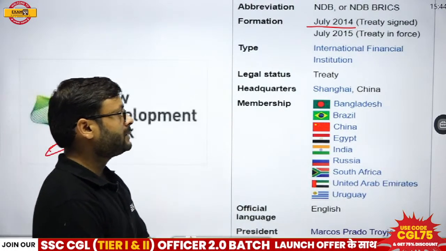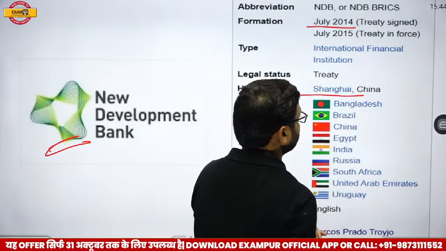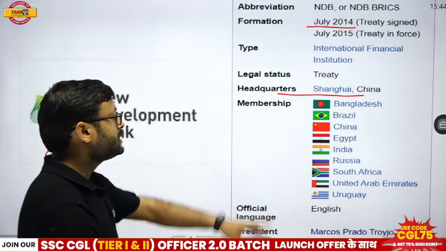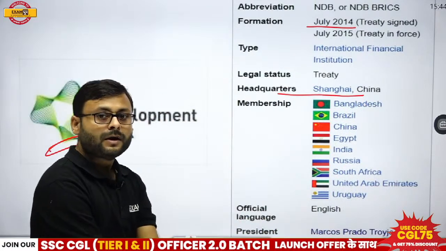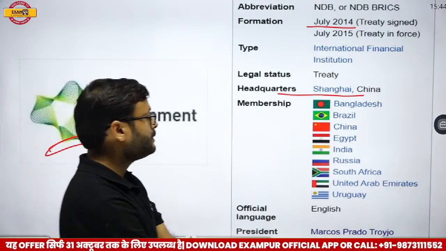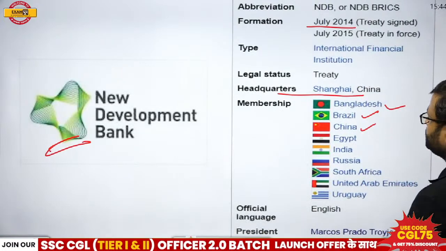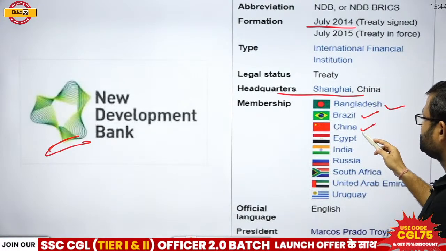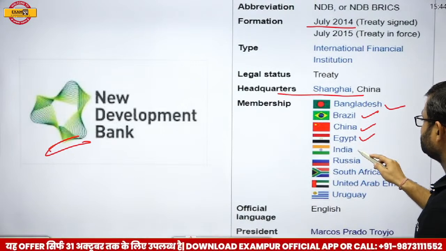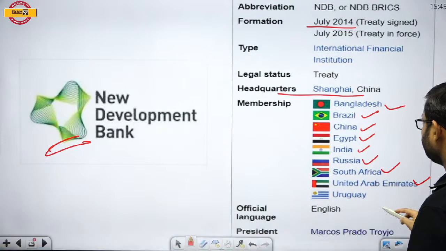It is an international organization headquartered at Shanghai, China. These are the members of the New Development Bank: Bangladesh, Brazil, China, Egypt, India, Russia, South Africa, UAE and Uruguay.